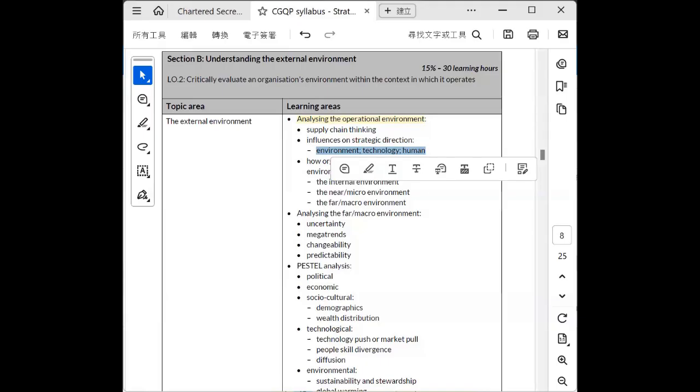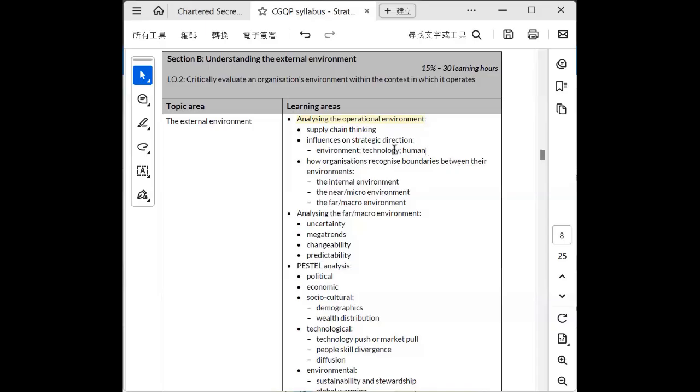The technology here would drive innovation basically, and enables, for example, automation, and opens up new business models. And this is a sort of strategic direction, right? Then you can think of the human factors, such as the leadership, employee capabilities, organization culture, which could influence the adaptability and execution of your strategies.